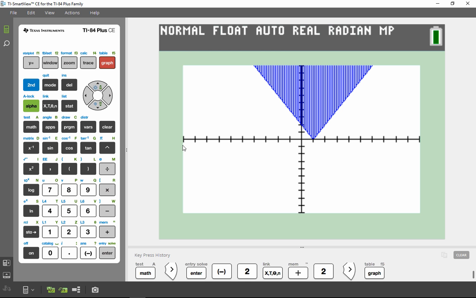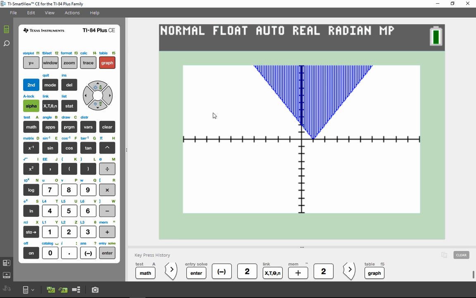Again, don't forget, the calculator will not show you dashed or solid. You're going to need to know that. Why did it shade inside of it? Because on mine, it shaded everything. It made the triangle and shaded all the way on the outside.